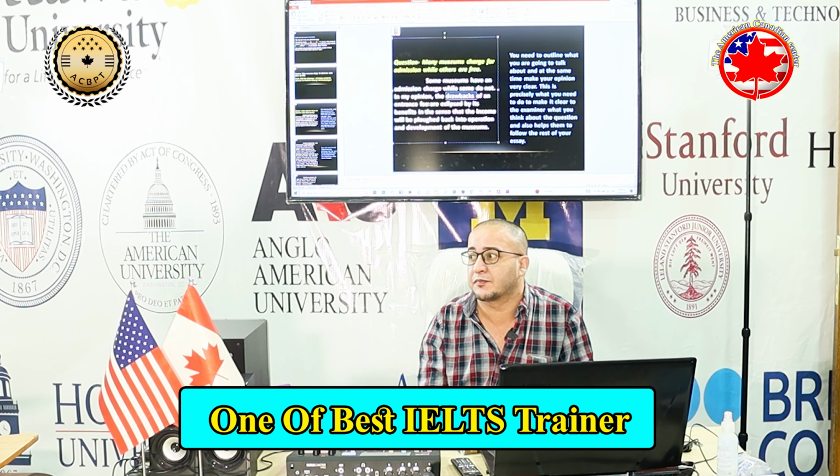And the words and the expressions you use will make the difference in the scores at the end. For example, using advantage and disadvantage is a low band word score. But using drawbacks, benefits, utilities, they are high band word scores, okay?